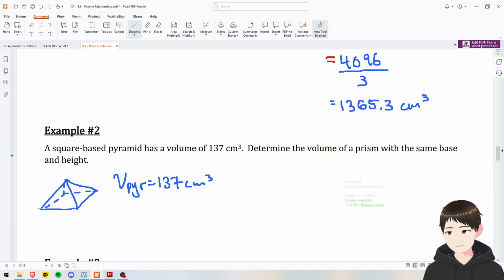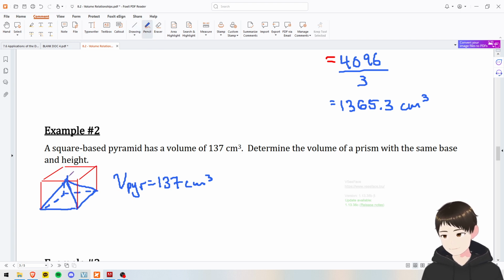What if I had a cube that was drawn over, so to make the pyramid perfectly fit inside that cube? What does that tell you? Well, there's no formula we can use because we don't know the dimensions of the pyramid.